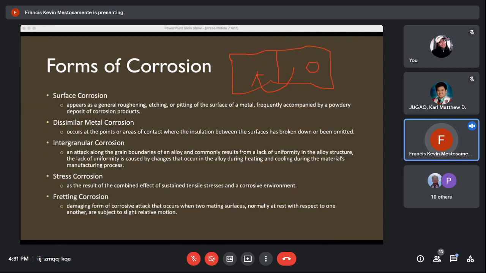So si fretting, ito yung nag-occur doon sa mga surface or loaded surface na usually may contact to one another. Hindi man sila may direct contact, but may movement sila or may contact wherein na-speed up yung process ng transfer ng electron or yung redox process natin leading to fretting or tinatawag nating fretting corrosion.